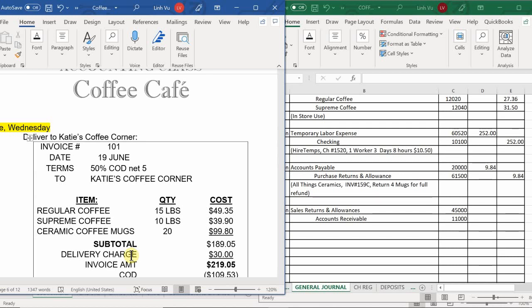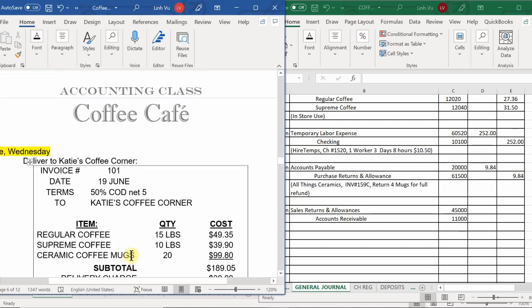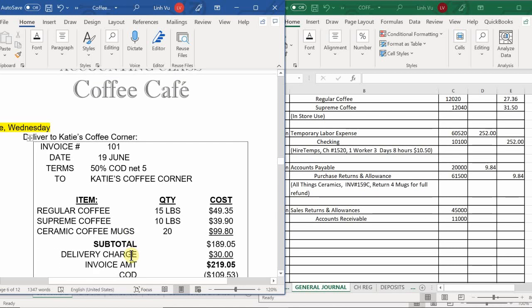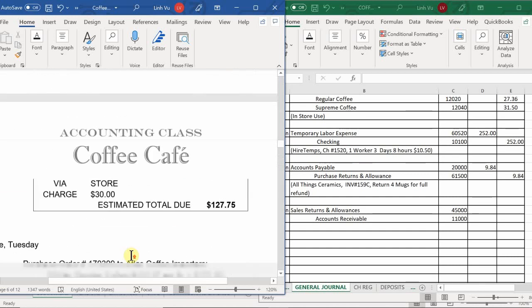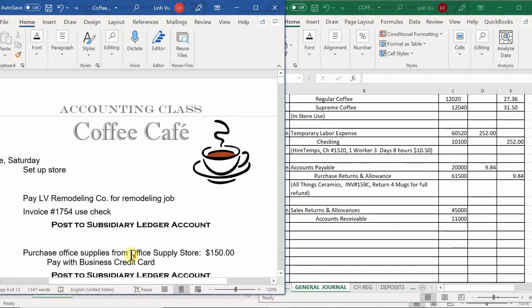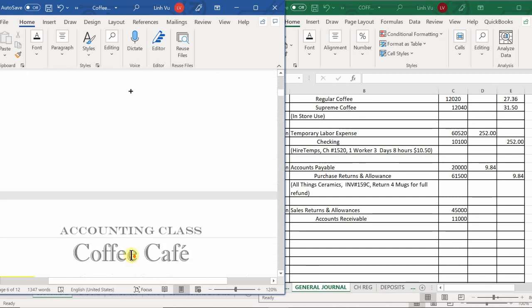So how much is it per cup that we sold to her? $4.99. Now there's also a place where you can find that information too.